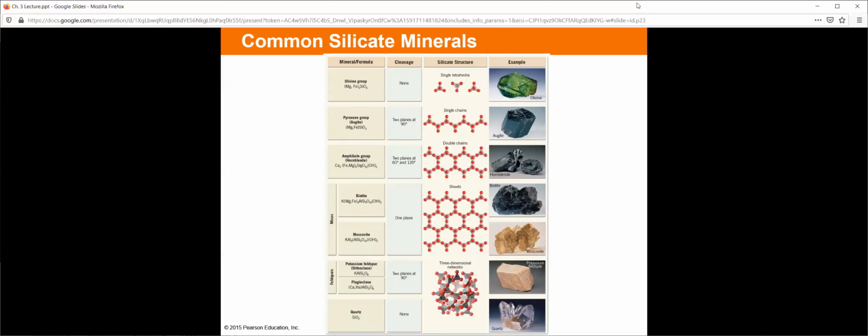Olivine, augite, hornblende, biotite, feldspar, and quartz all are silicate minerals. They all have the same basic foundation, the same basic molecular structure as shown in that third column. However, the way they form, the way they do what they do, and the other elements they play with allow a wide variety of different minerals all under the same group of silicate.